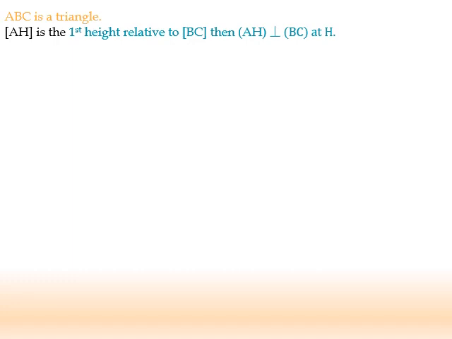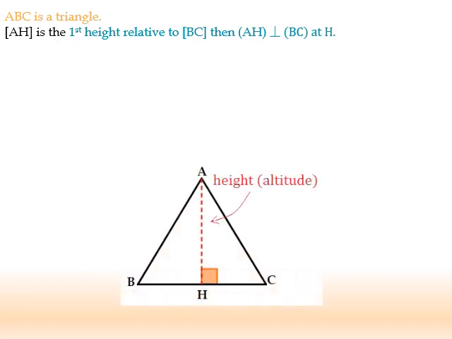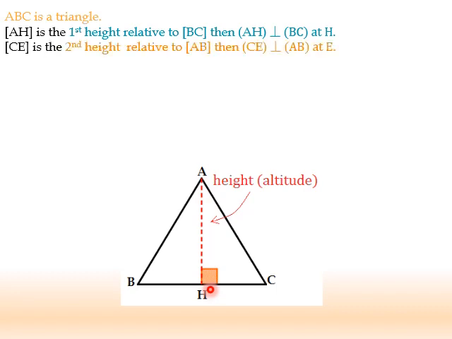Now, ABC is a triangle. AH is the height relative to BC. Let's find another height issued from another vertex. For example, CE.